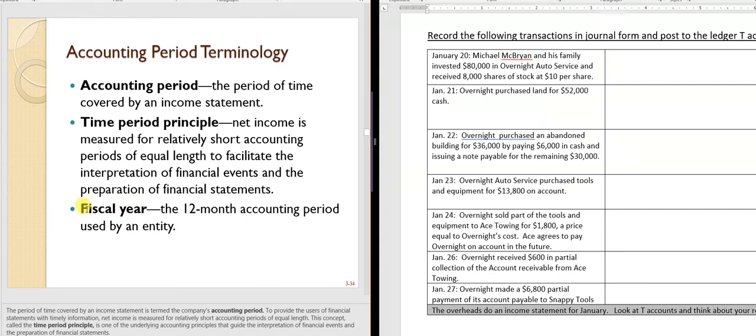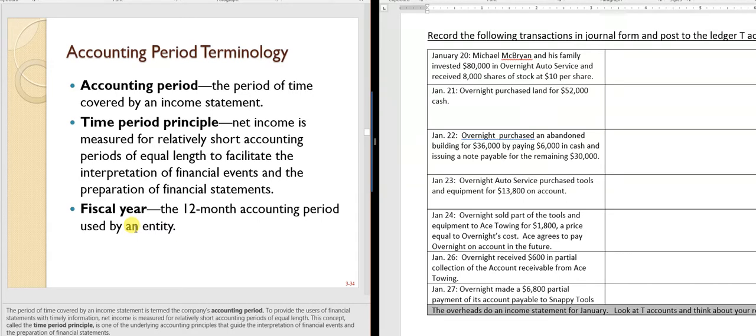Businesses pick fiscal year ends for a variety of reasons, but the biggest way to choose your year end is because it follows your business cycle. For instance, every college that I know does not have a December 31st year end because it would split the academic year. College year ends are usually at the end of May, June, or July.